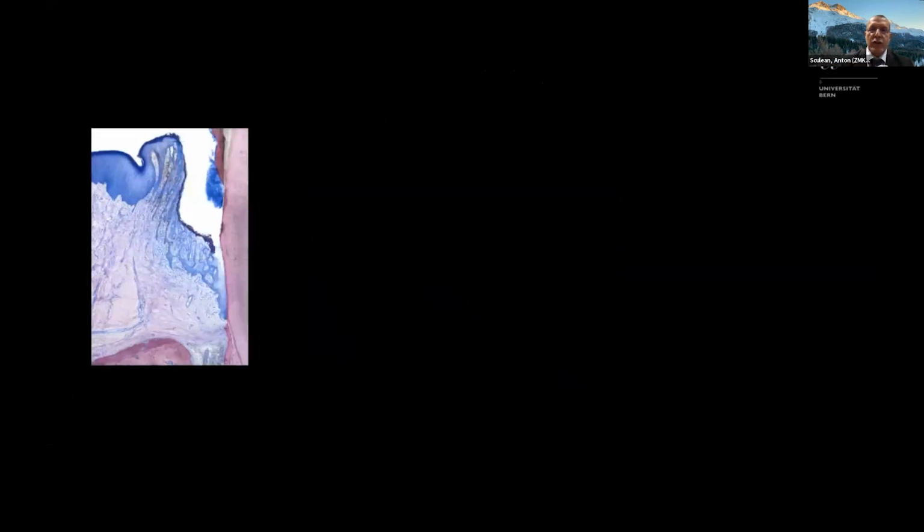Now, when we have a certain bacterial accumulation on a tooth, as you can see in this histologic image, we have the tooth, we have the sulcular area, and we have, in fact, a so-called subepithelial inflammatory infiltrate.